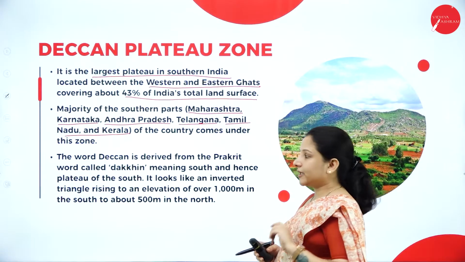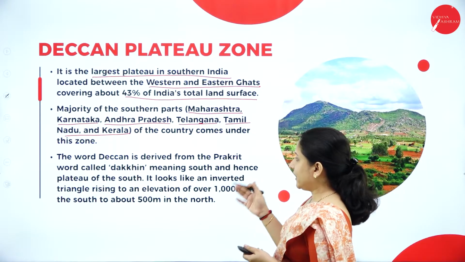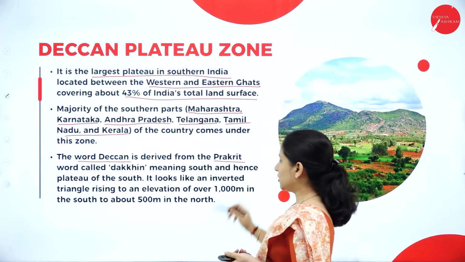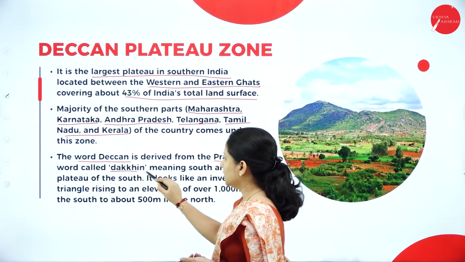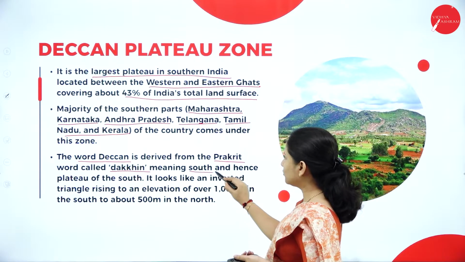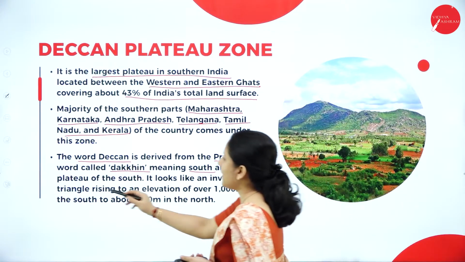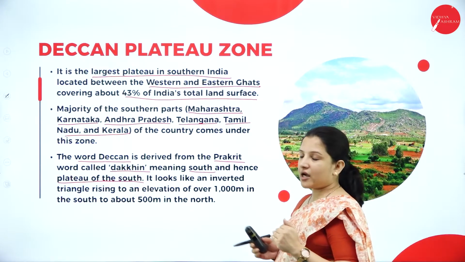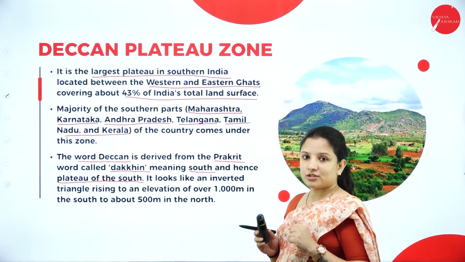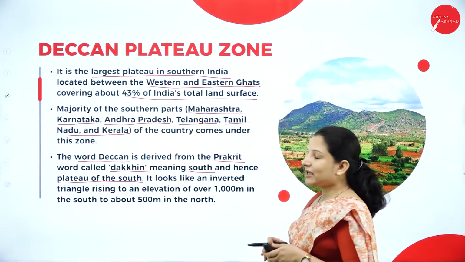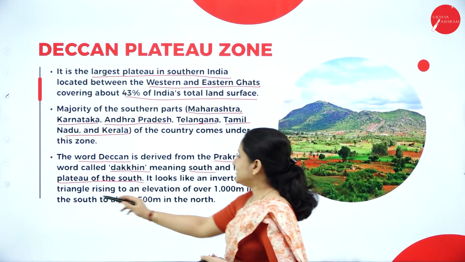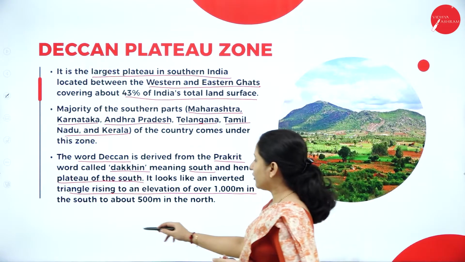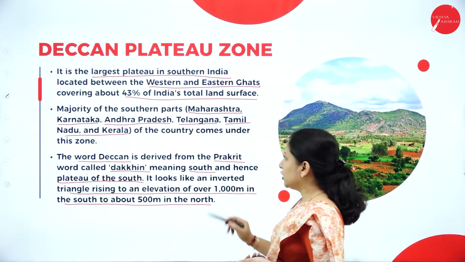The word Deccan is derived from the Prakrit word Dakin, which means south, and hence it is called the plateau of the south. Why? Because it is in the southern parts of India, and it looks like an inverted triangle rising to an elevation of over 1000 meters in the south to about 500 meters in the north.